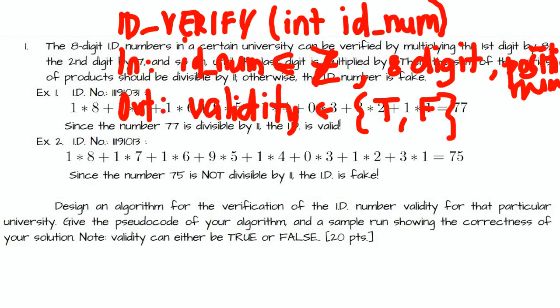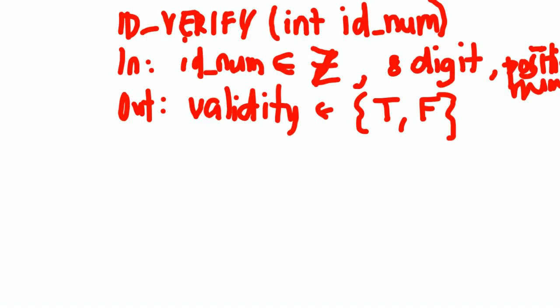So the operation is we'll simply get the total of its product with 8, 7, until 1. One way of going around this is just repeatedly computing the modulo of the number.